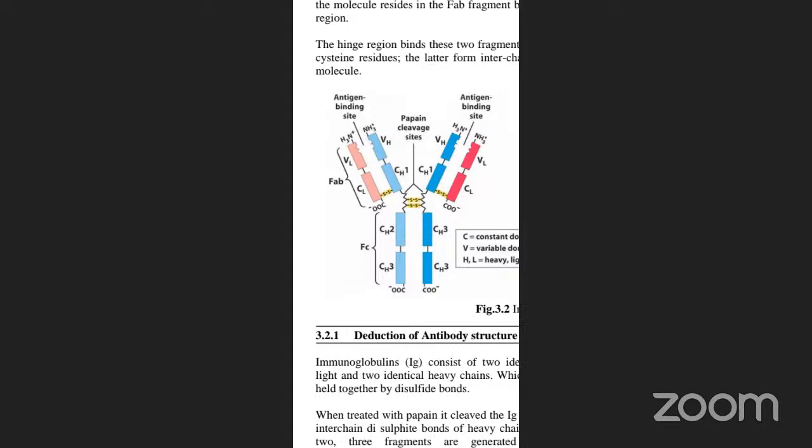Now I will tell you why it's called variable region, because this region has to bind to the antigen. All antigens don't have the same structure, same epitope, right? But the antibody remains the same. Antibody can be either IgM, IgG, IgA, IgD, IgE. Any of these five antibodies only has to interact.